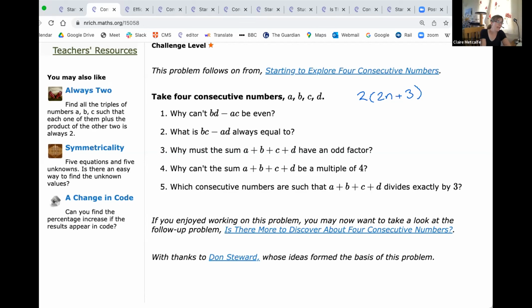I don't know if we'd rather have an N or an A for our first letter. A is probably better because A has already been given in the question, rather than introducing a new variable. Okay, but why have you written twice 2n plus 3 rather than 4a plus 6?